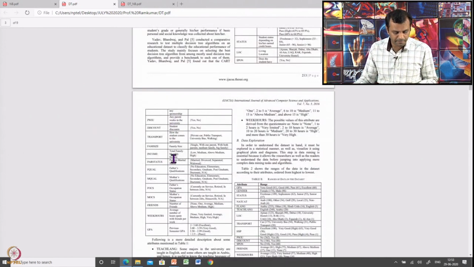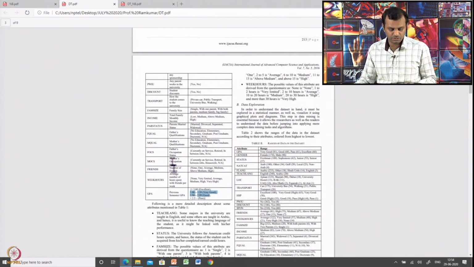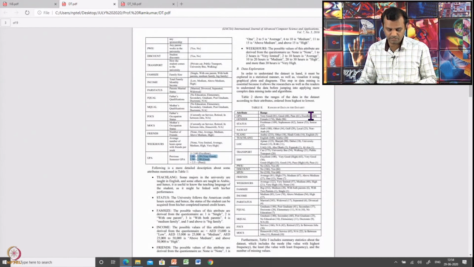See, previous semester marks, weeks, friends and the father's occupation, mother's occupation, qualification of the father, the student discounts, any parents working in the university, all this information has been used and they use this data to come up with a final data set. This is the final data set with all the decisions, and they also gave the values in each data set, like how they are distributed across these particular values.